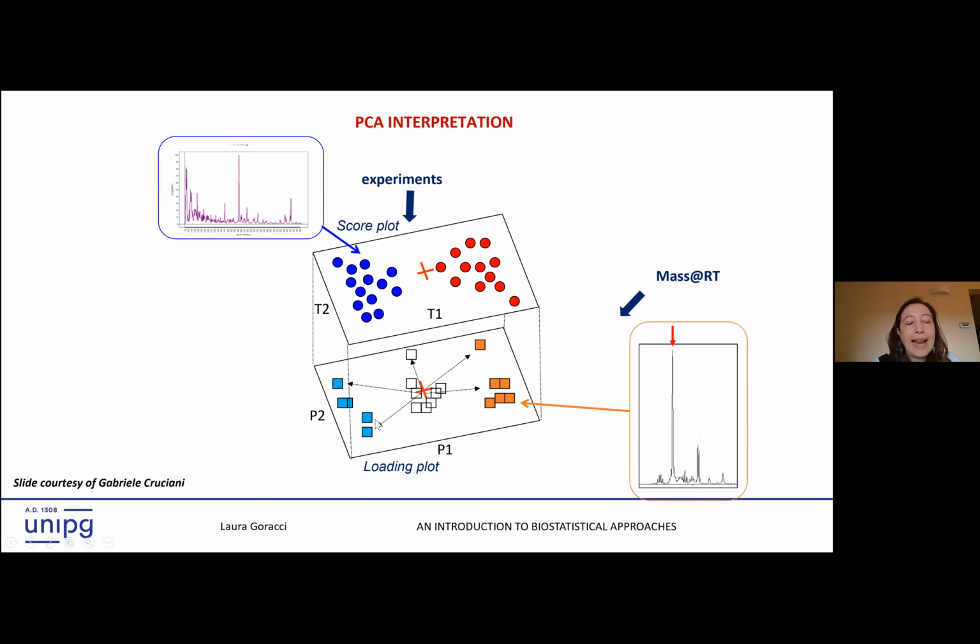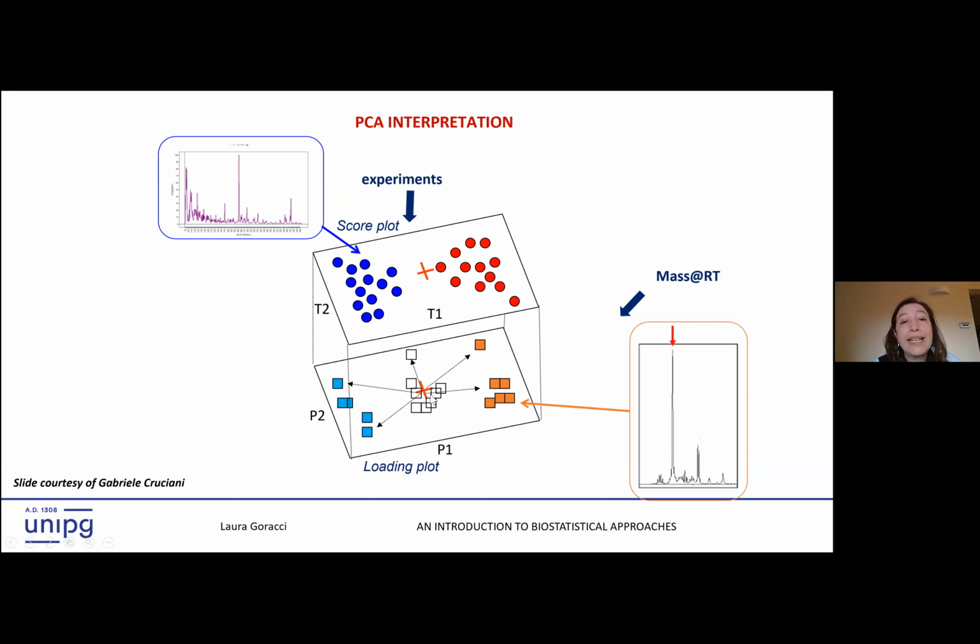And the light blue variables that are localized here have a higher value for blue points and lower value for the red points. The orange variables that are located here have a high value for red points, so our objects here, and lower values for the blue.